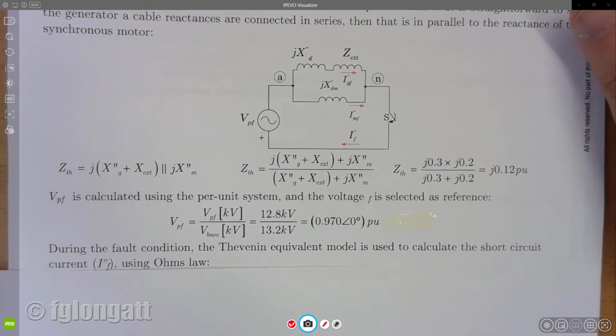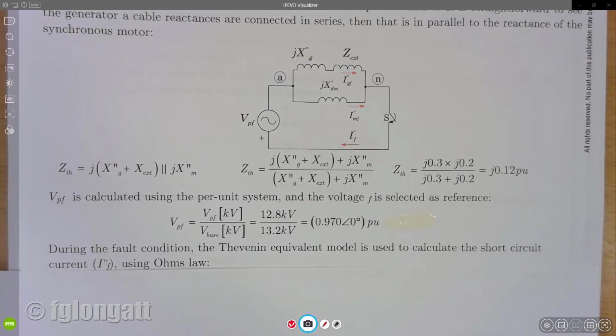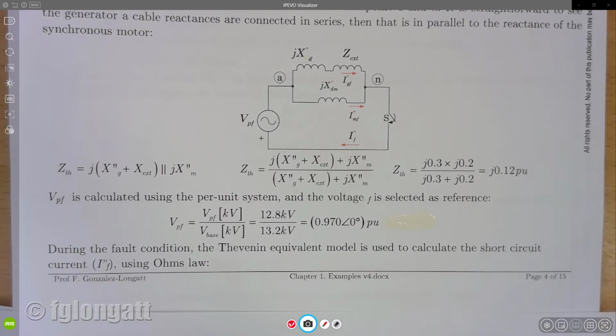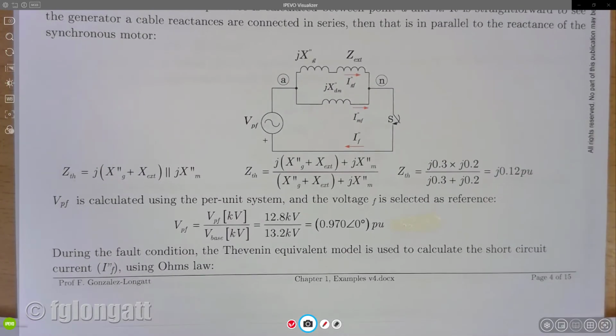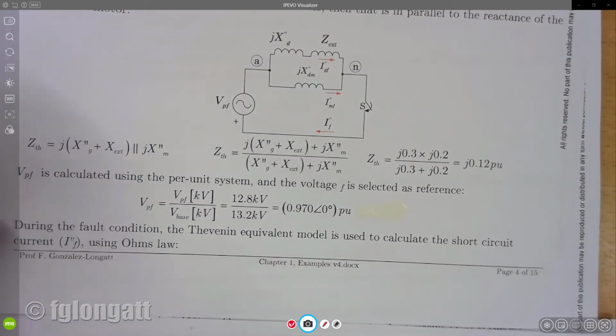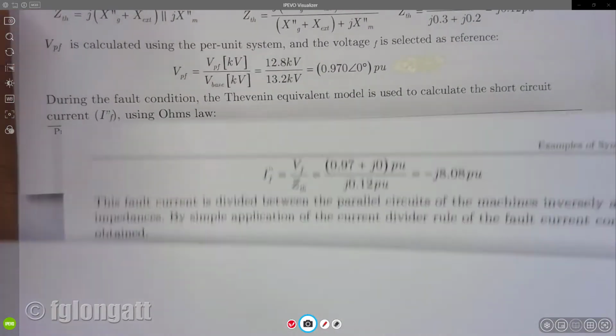Next step, we can use the Thevenin equivalent model, in combination with Ohm's law, to obtain the fault current, okay? And doing so is extremely simple. Let me show you, and let me move this a bit to the top.